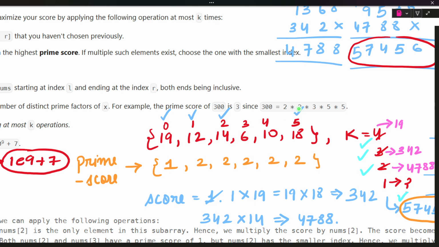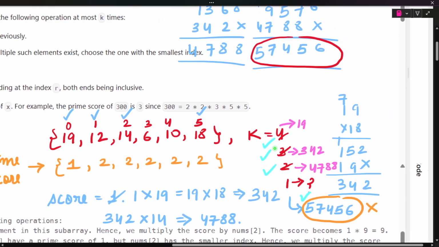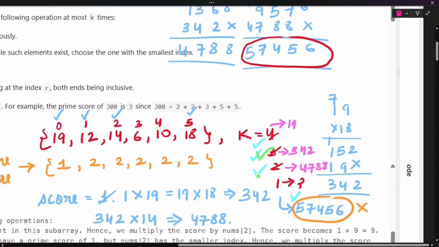Okay, then we choose 18. We have chosen 18, like this array. Okay, so suppose this step is also the correct one. Tell me one thing, can we choose this 18 again? What are its subarrays? This one.